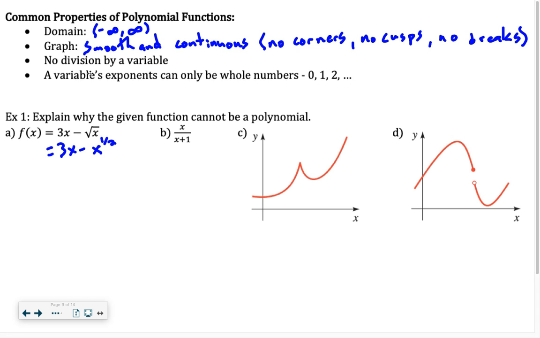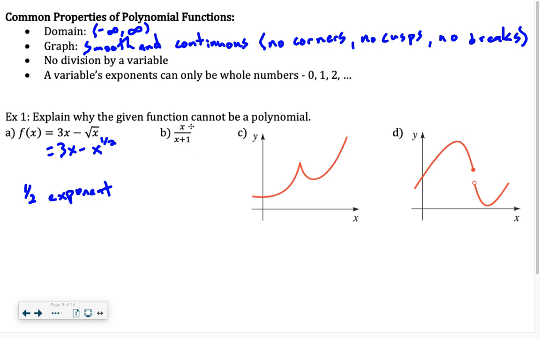So we said the exponents on a variable can only be whole numbers, right? So this would not be a polynomial because we have a non-whole number exponent, okay? So I'm just going to write my reason is 1/2 exponent.